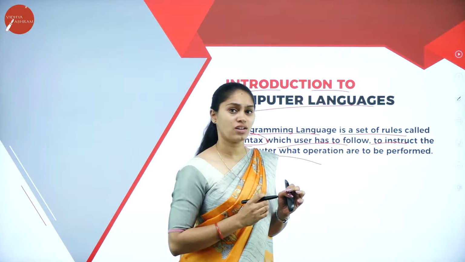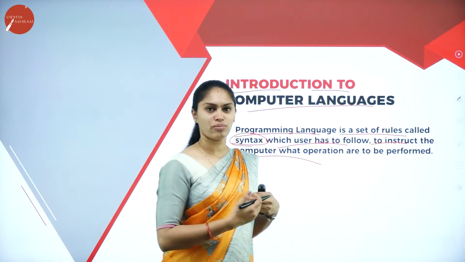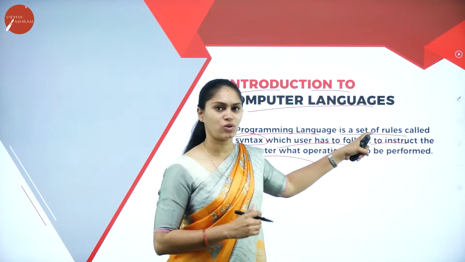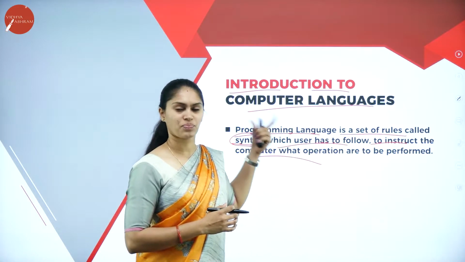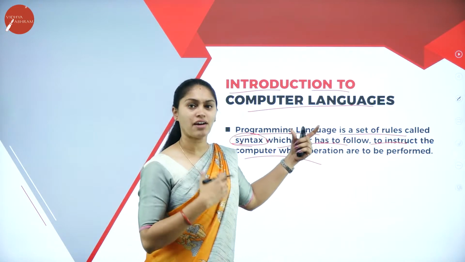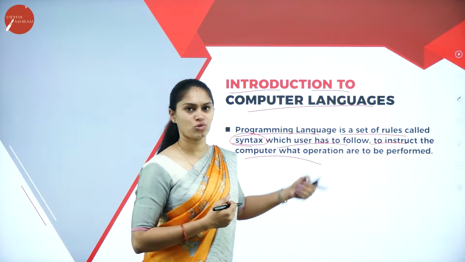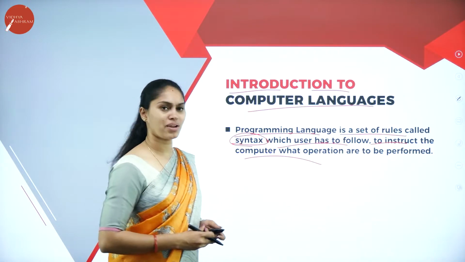In which way do I communicate with the computer? By using a programming language. That programming language has a set of rules termed syntax. With the help of syntax, I write a program, which instructs the computer to do the intended task. That is the usage of a programming language.